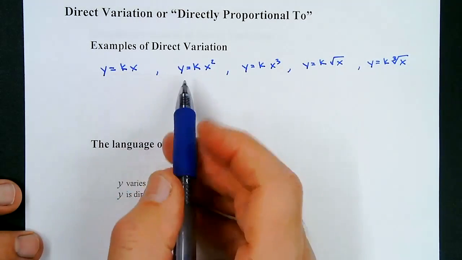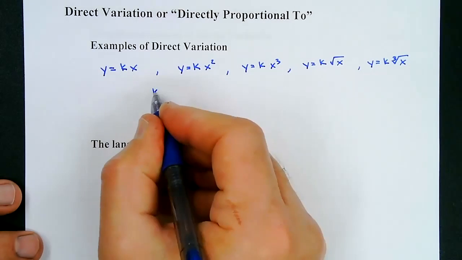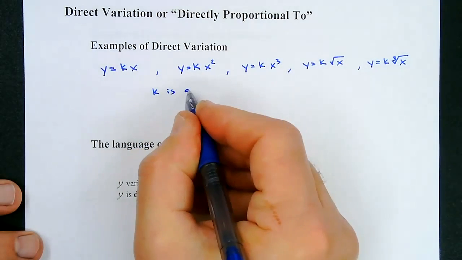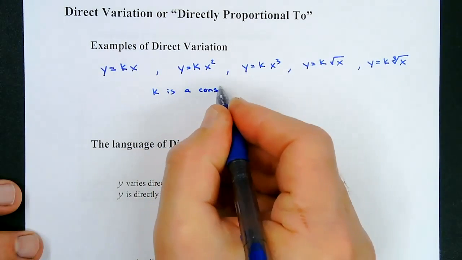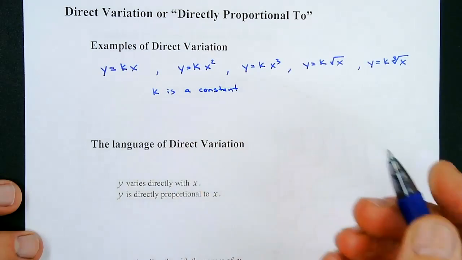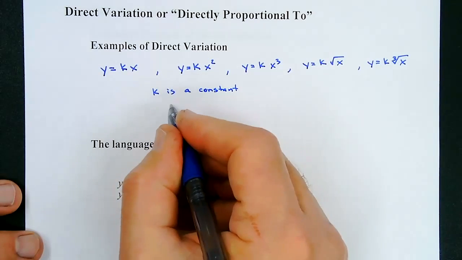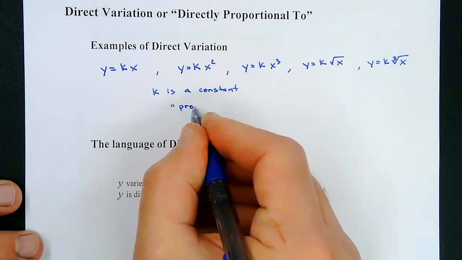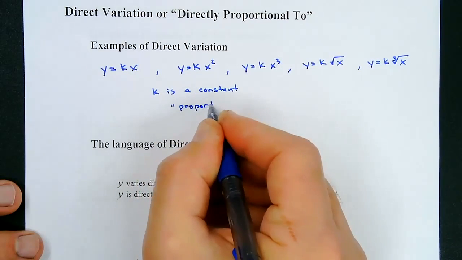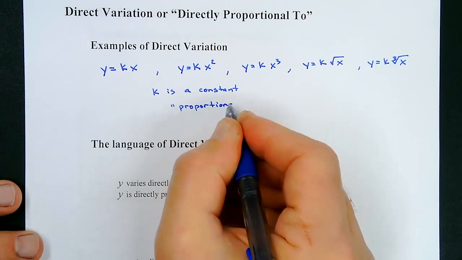And we call this k a constant. It's called the proportionality constant.